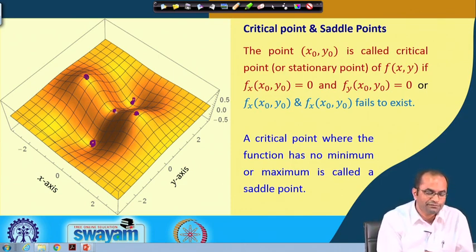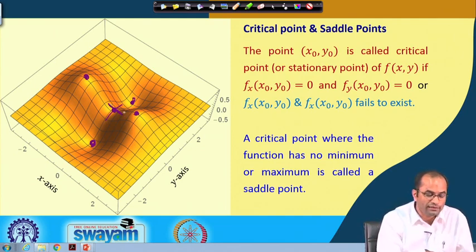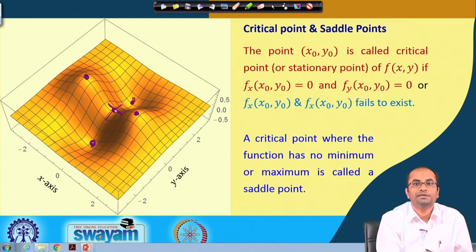But at this point, in the neighborhood it is not showing the same behavior, because if we go in the direction of y, the function is taking lower values, but if we go in the direction of x, then the function is taking larger values than at this point itself.